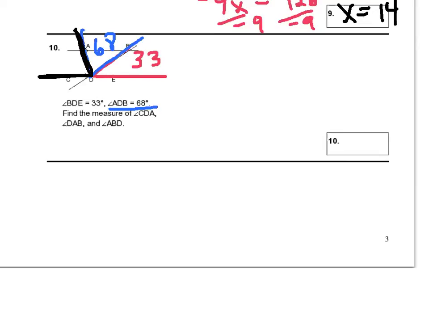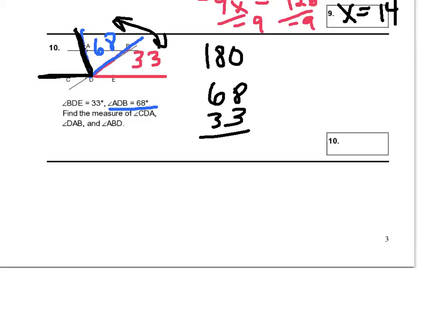And the angle that you're looking for is angle CDA, that's this angle. Now if you'll notice, those form a straight line, so they add up to equal 180 degrees. So if I subtract these two angles from 180, I'll get my answer. 68 and 33 add up to equal 101.